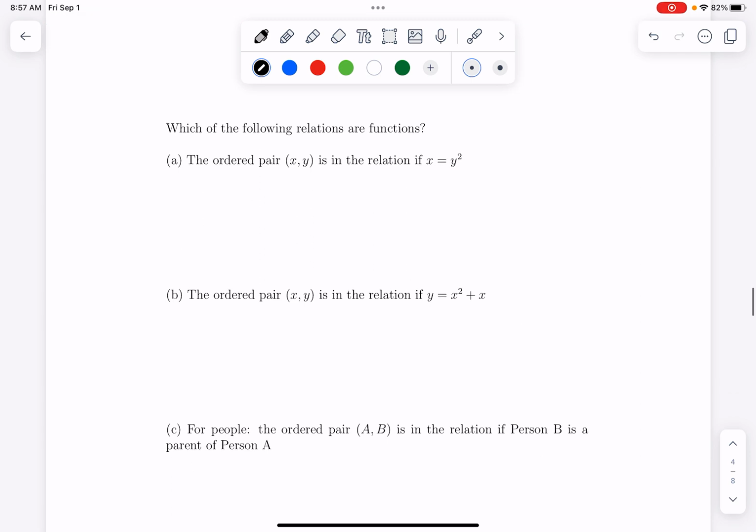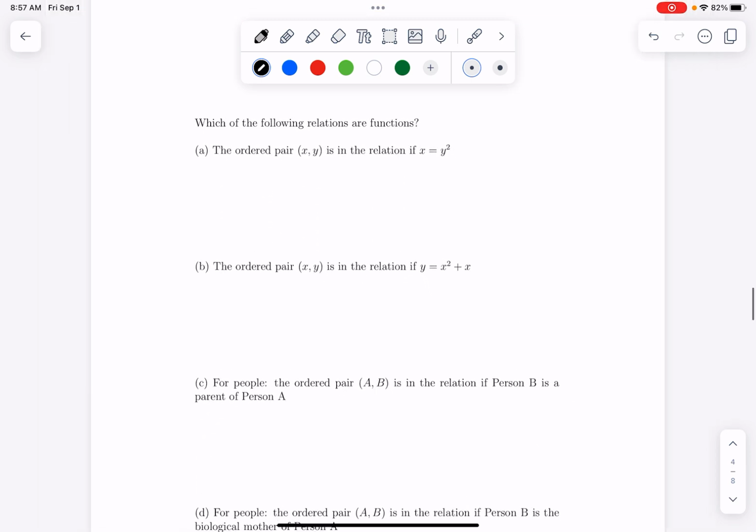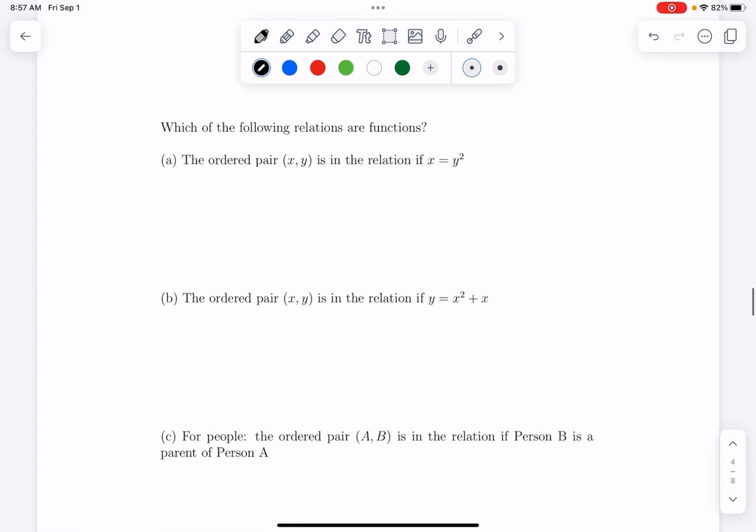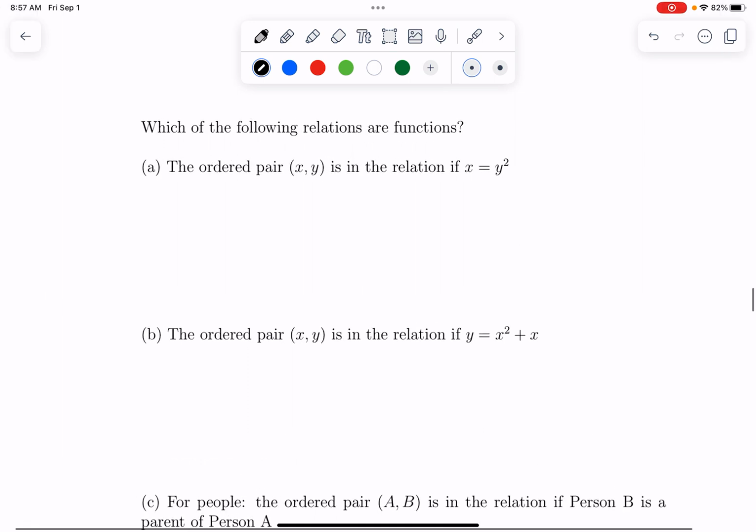So let's just practice a little bit. I have 4 relations here, and try to figure out which of these are functions. In which cases does the input predict exactly one output? So let's look at this first one. The ordered pair xy is in the relation if x is equal to y squared. So ask yourself, is it always true that if I tell you what x is, you know exactly what y is?